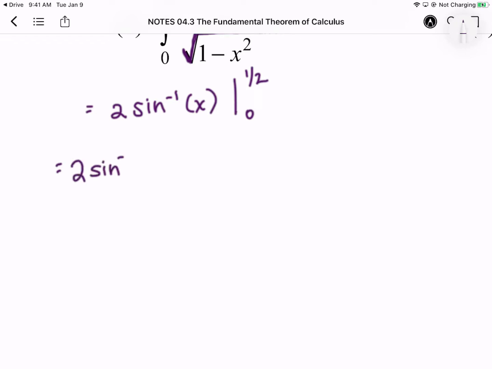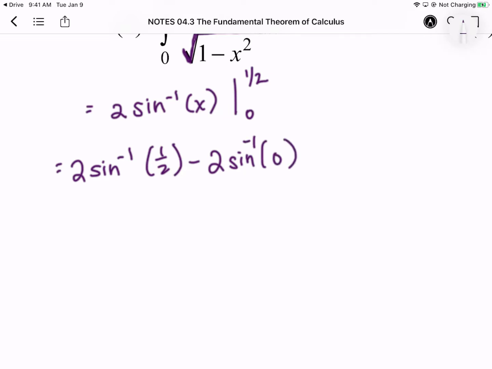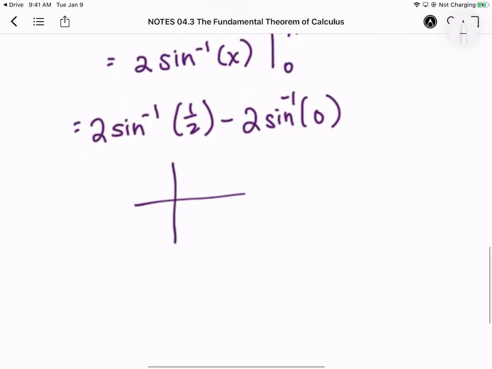Now I will rewrite it like this: big F of b minus big F of a. I will plug in 1/2 first, and then subtract 2 times sine, oops, I'm doing my notation completely wrong. I'm supposed to write inverse sine with a -1. Inverse sine of 1/2, minus 2 times inverse sine of 0. I've got to remember my inverse trig.